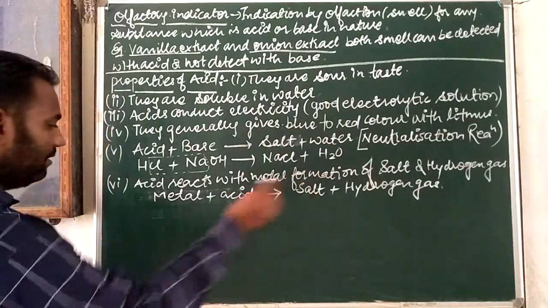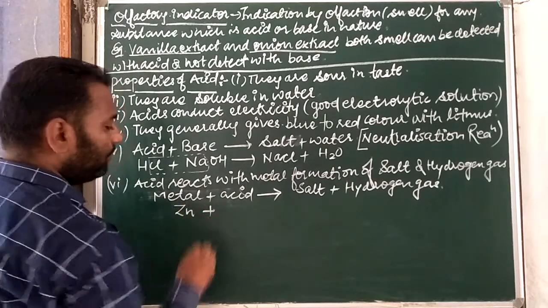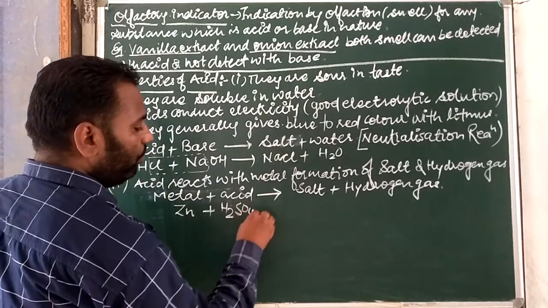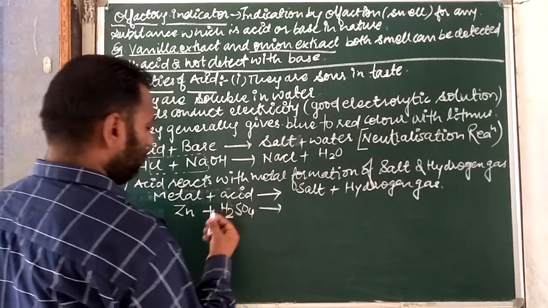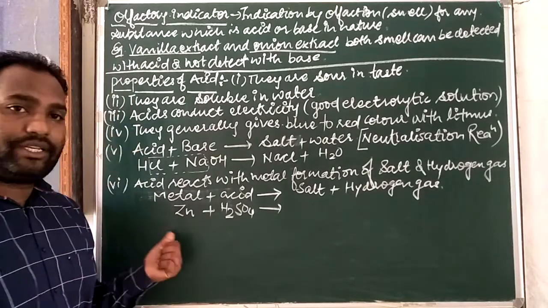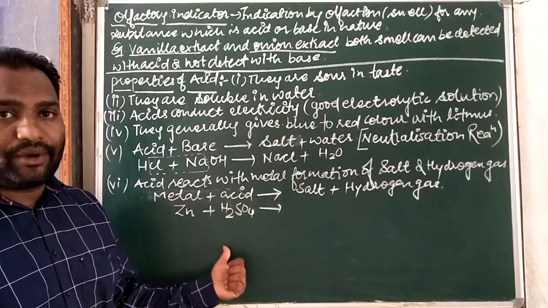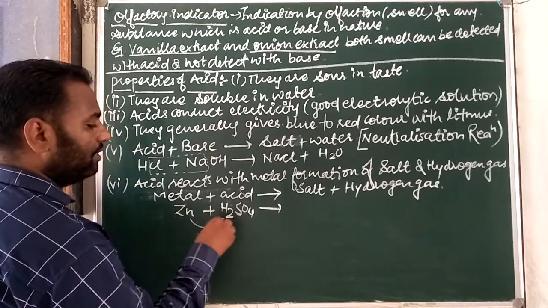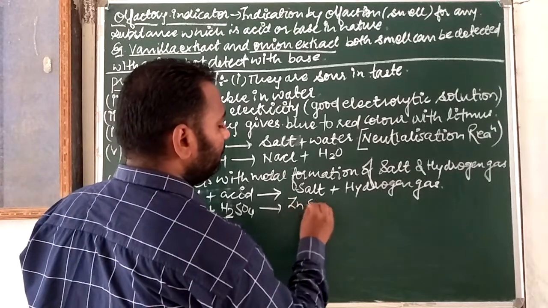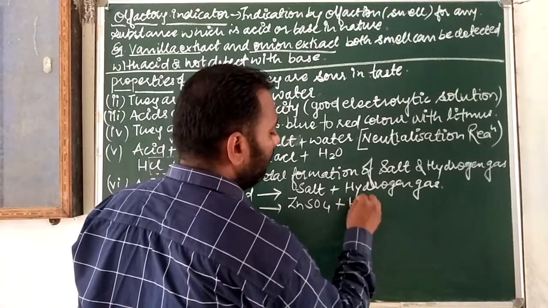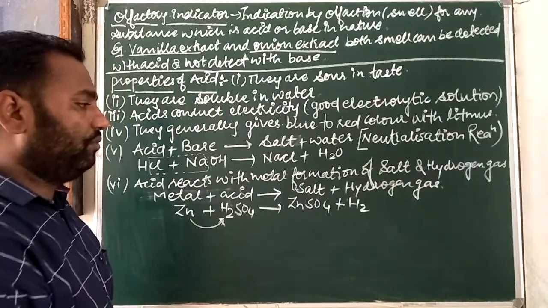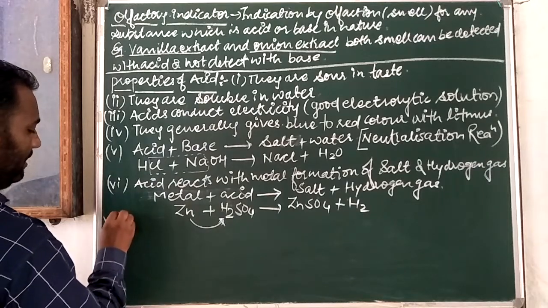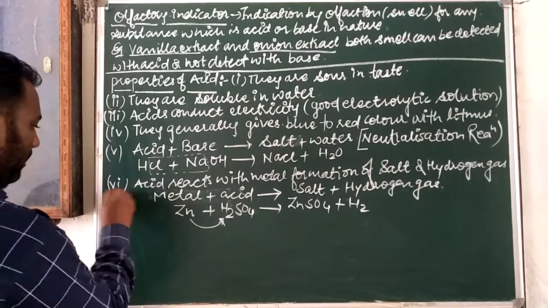Both ways of writing are the same, no problem. Like Zn is a metal, and acid like H2SO4. Because zinc is higher in the reactivity series, it easily displaces hydrogen from the acid. So ZnSO4 plus H2. Now one more is there, we will discuss it again.